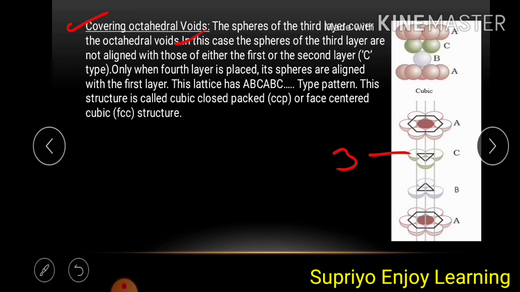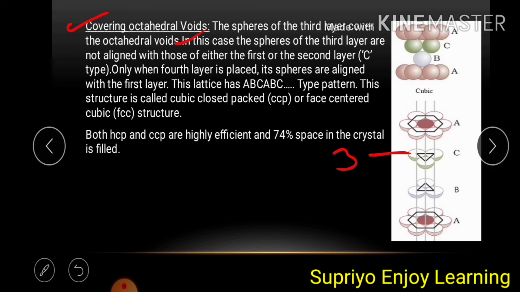This structure is called cubic close packed or CCP or face centered cubic or FCC structure. Both HCP and CCP are highly efficient and 74% space in the crystal is filled. Here the coordination number in both HCP and CCP is 12.